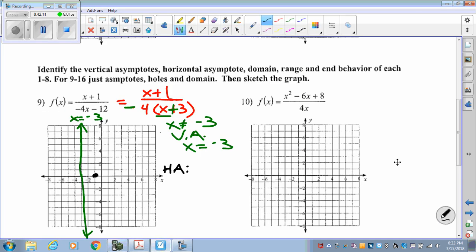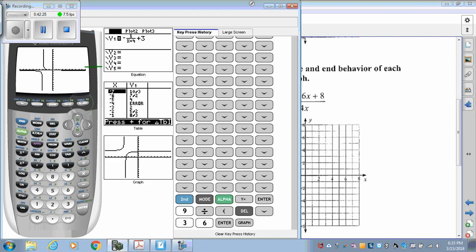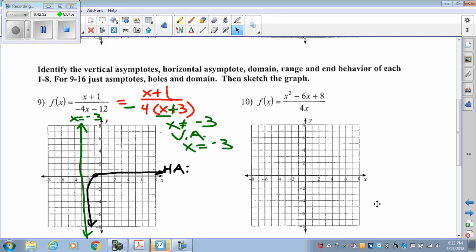We know that because it did cross 0, but it did seem very close to 0. If we look at the graph again, it's reflected, isn't it? It's reflected because of that negative sign. So it's actually going down like this.